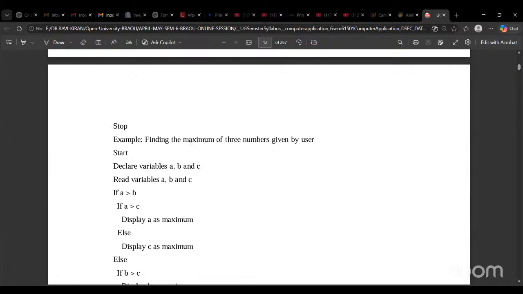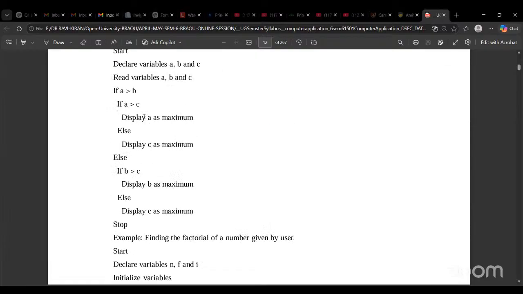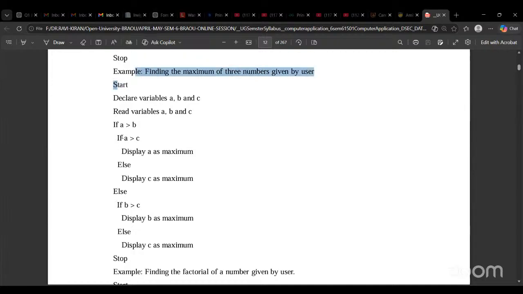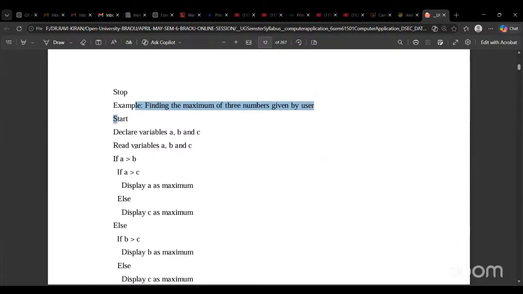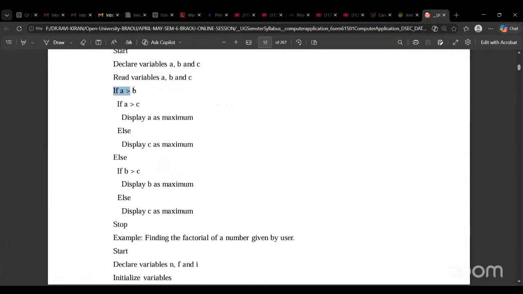Now, one more example here is finding the maximum of three numbers given by the user. Here what we did, we started and we stopped. At the time of starting, we declared three variables, A, B, C, and read the variables A, B, C, and we applied the condition if A greater than B. If A greater than B is true, again it will evaluate one more condition, if A greater than C, display A as maximum.